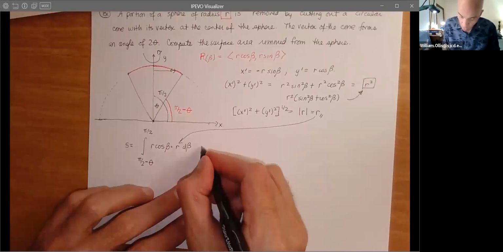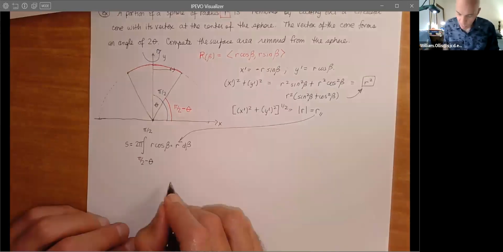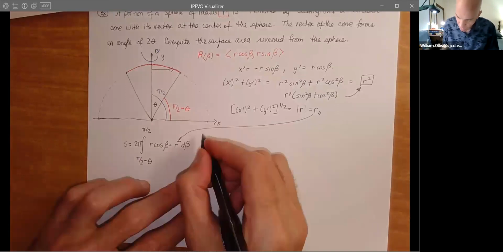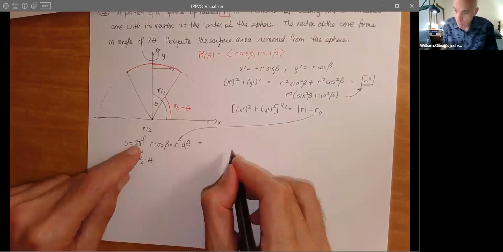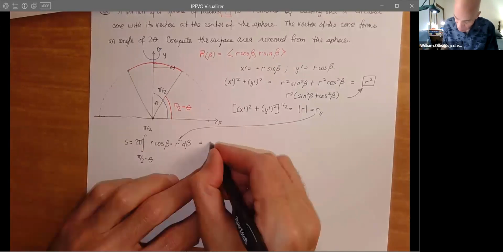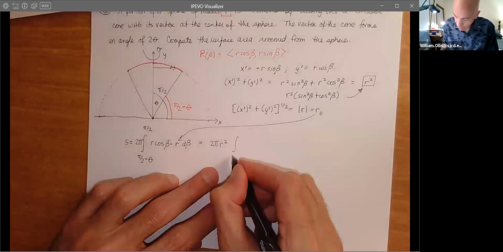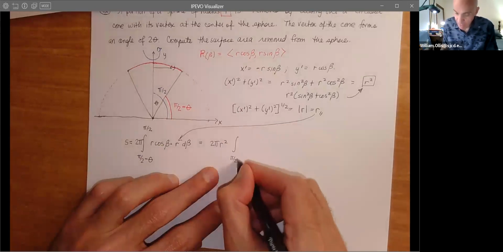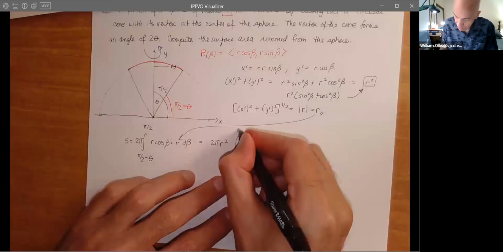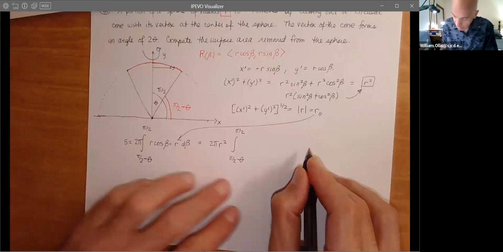So this gives us, oh, and of course we need our 2 pi from the definition. Don't want to leave out the 2 pi. So that'll be 2 pi, take out the r's, r squared. So we have the integral from pi over 2 minus theta. Remember, theta is the given constant. And we're left with cosine beta d beta.